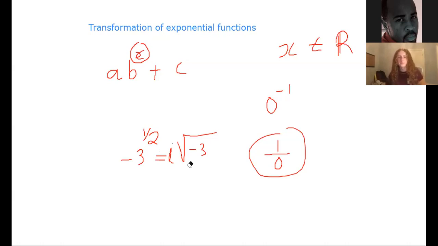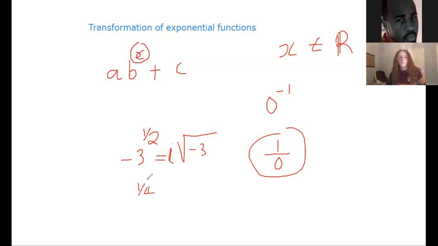So again, if the base is a negative and the exponent is a half, that would be impossible at this stage. The same thing happens if the power is a fourth power.